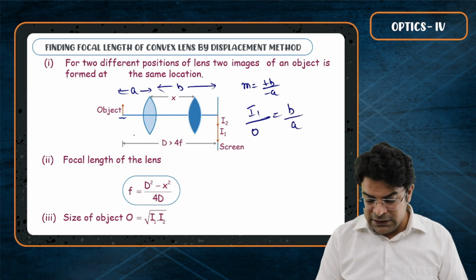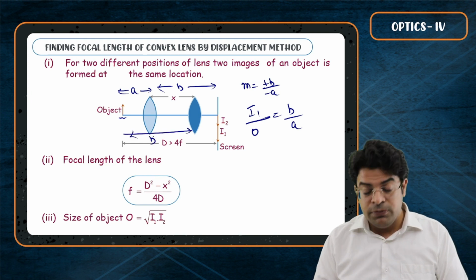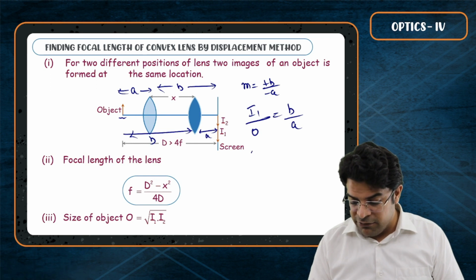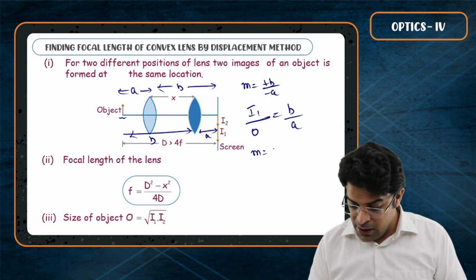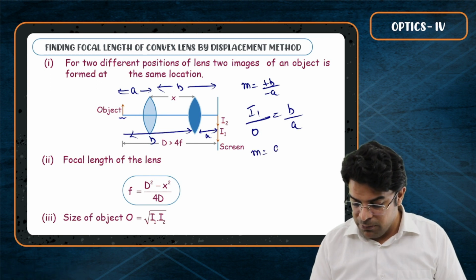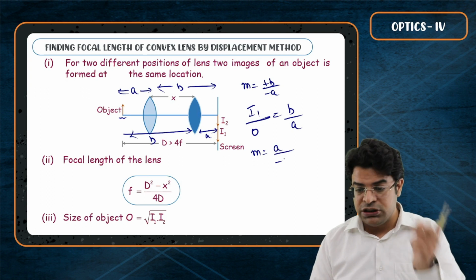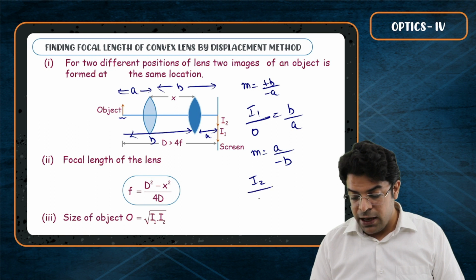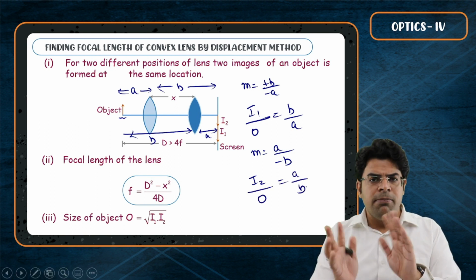For the second case, the object distance is B, and the image distance is A. So for the second case, I will write magnification as image distance, which is plus A, upon object position, which is minus B. So you will write I2 by O equals A by B if we just talk about the magnitude.